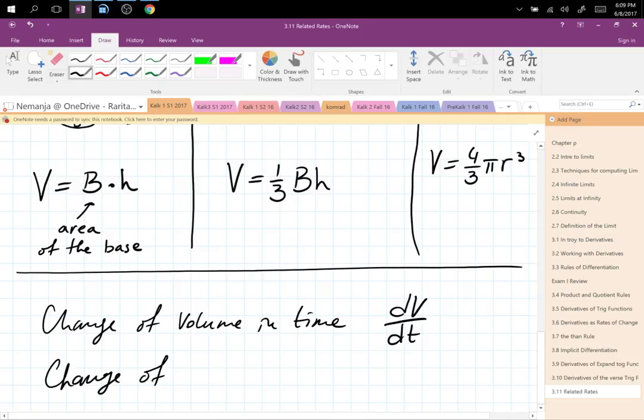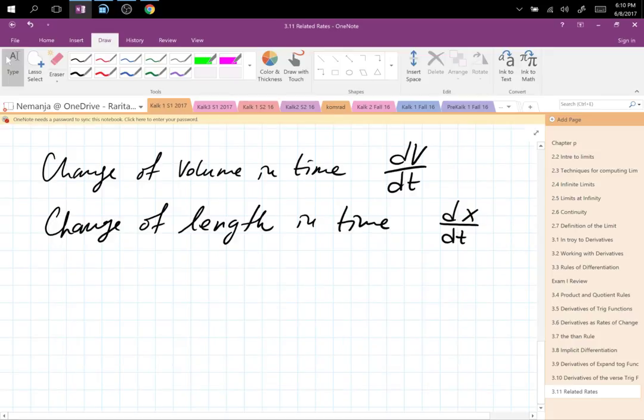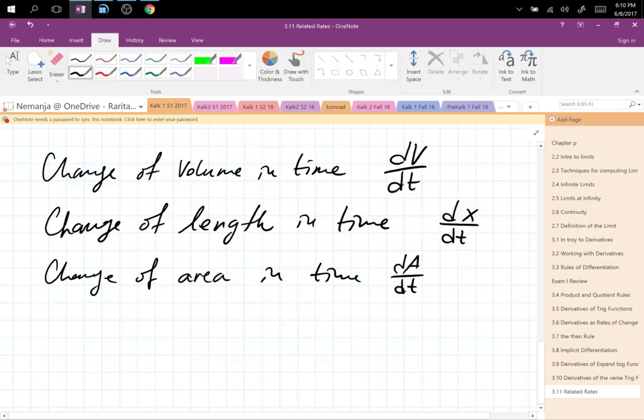Change of some kind of length in time could be, let's say, dx dt or dy dt or some of those. Change of area, surface area, in time is going to be dA dt. So we have a lot of these words. They all have the word change in front of them. That immediately means it's related rates.